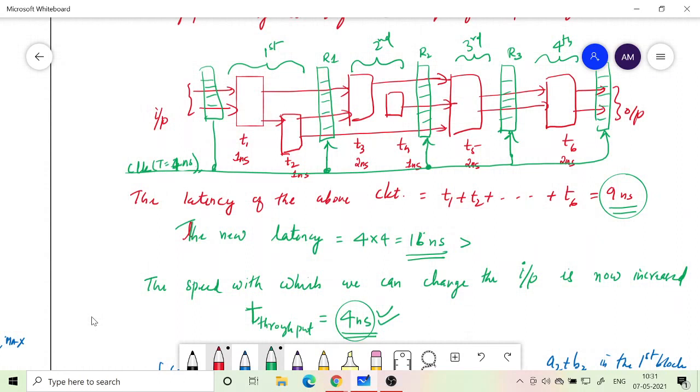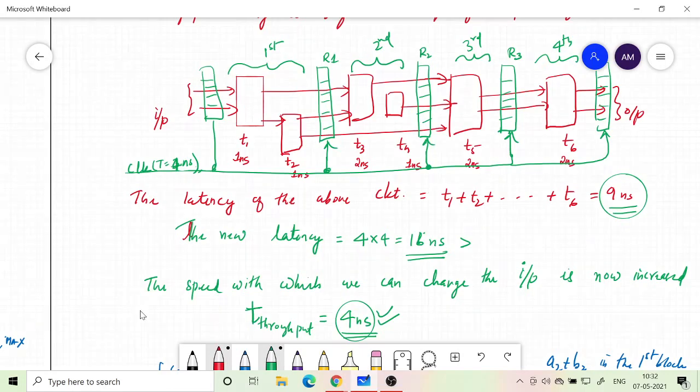Here the computation is going on for the third input, here for the second input, and here for the first input. The fourth step of the first input is going on here, the third step on the second input is going on here, and the second step on the third input is going on here. So all are happening at once, and this is possible because of the synchronization that we achieved.